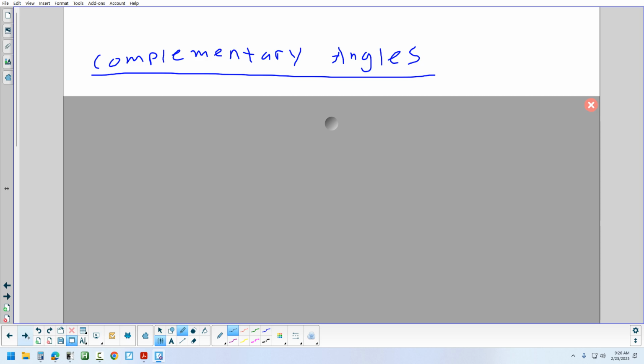Next, we'll talk about what's called complementary angles. Usually you study this with supplementary, so some people mix them up. Does anybody remember what complementary means?